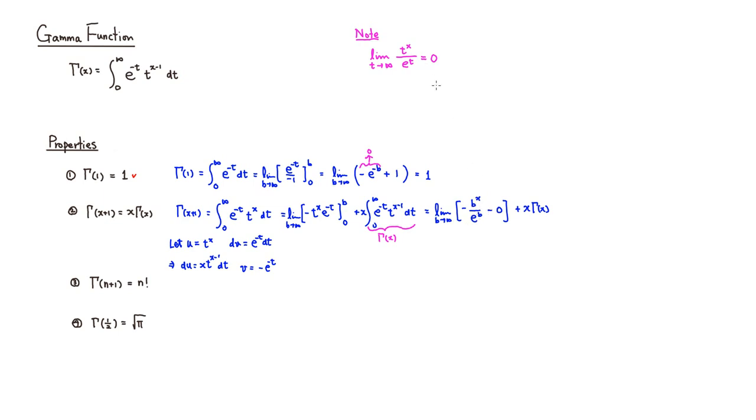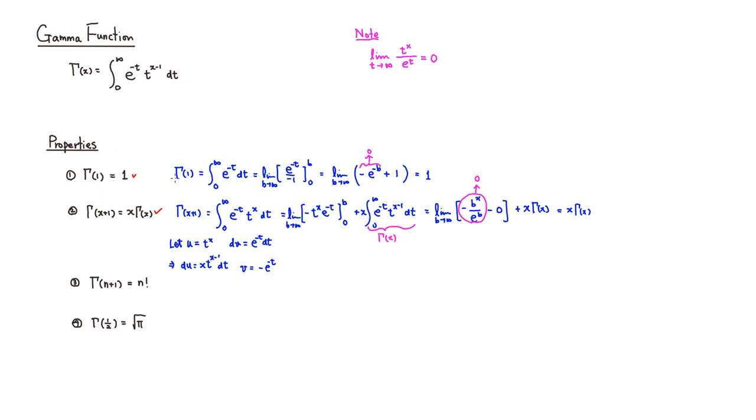So this limit approaches 0 because the exponential function never goes away. By applying L'Hopital's rule, probably multiple times, we know that this goes to 0. So what's left is x times gamma of x. That verifies the second property.